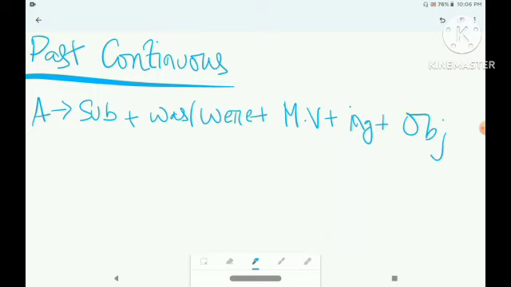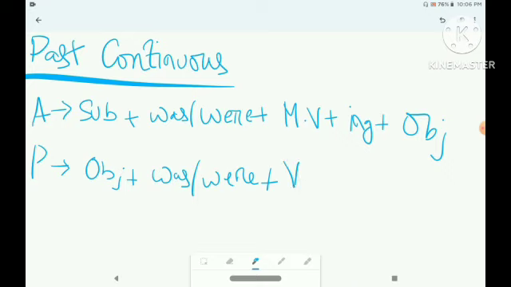Now when we convert it into passive voice, first thing, bring the object to the first place, object, then was and were will remain at their place. Note this down, was, were, plus being here, same structure, just we have replaced is, am, are with was, were.